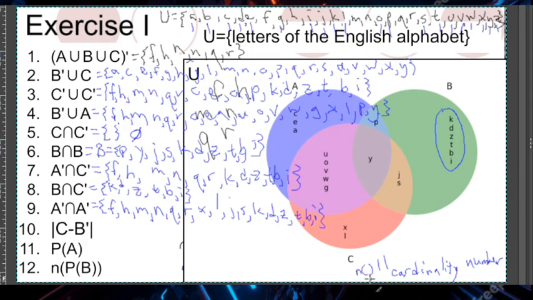So for your own exam, you have to put that in. That's the same as N B minus B naught. So it's C, and then take away everything that's not in B.